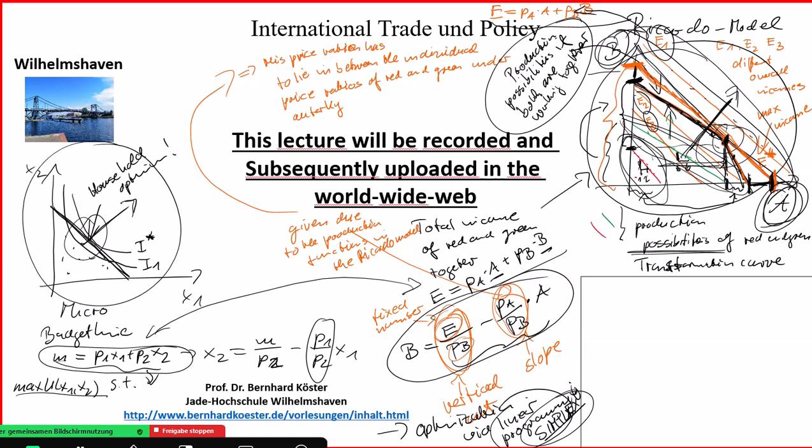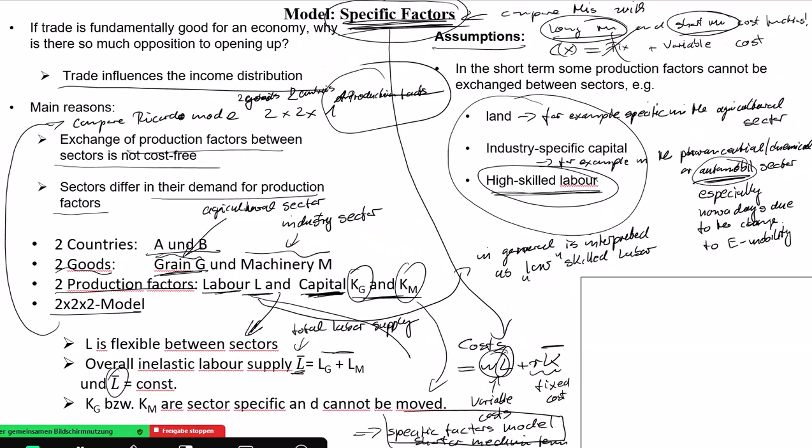Okay, so, but then switch to the specific factors model, because in the Ricardo model we had only one production factor, labor. To be more realistic, we introduce a second production factor, here capital, and we say capital is specific to the production of a special good.